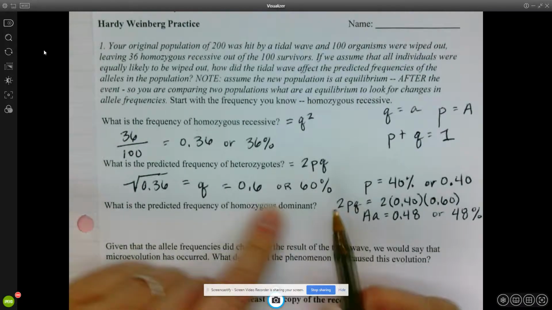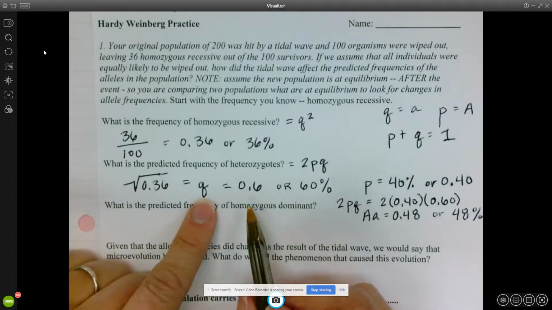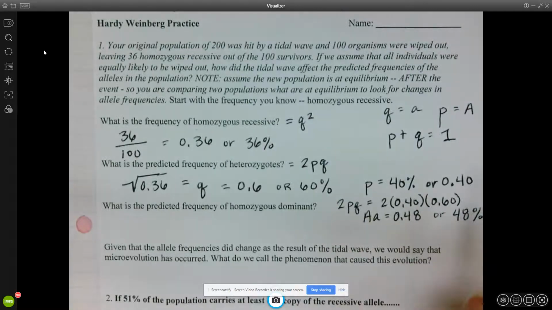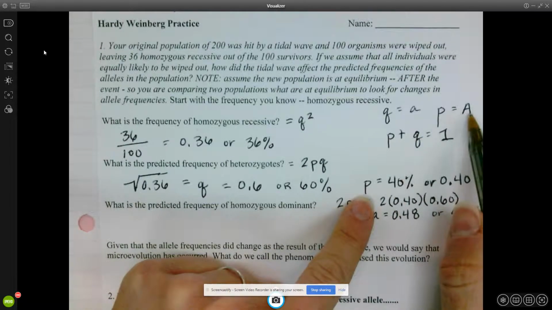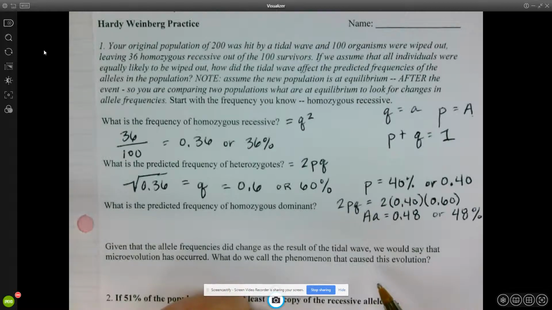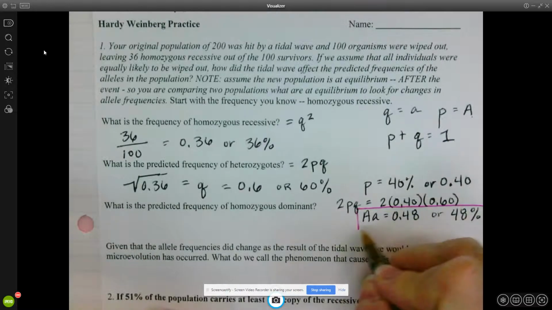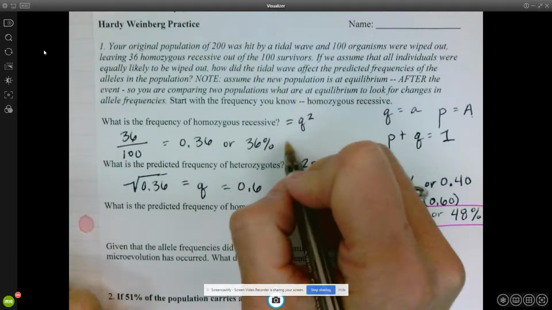So we took the percentage of the population that has the recessive allele, and the percentage that has at least one dominant allele, multiplied those and times 2. So heterozygotes account for 48% of the population.